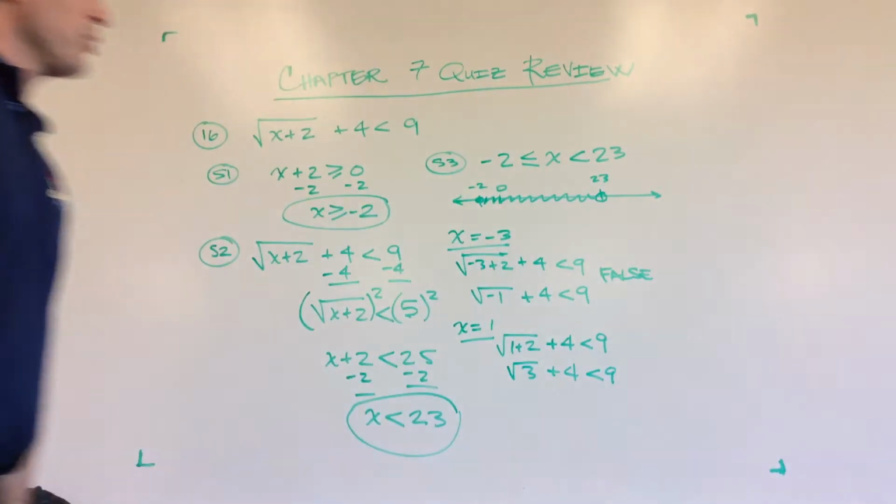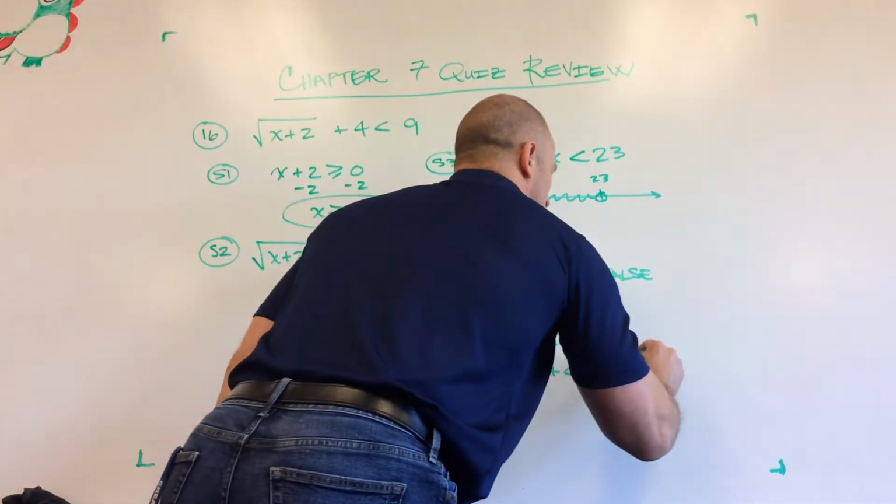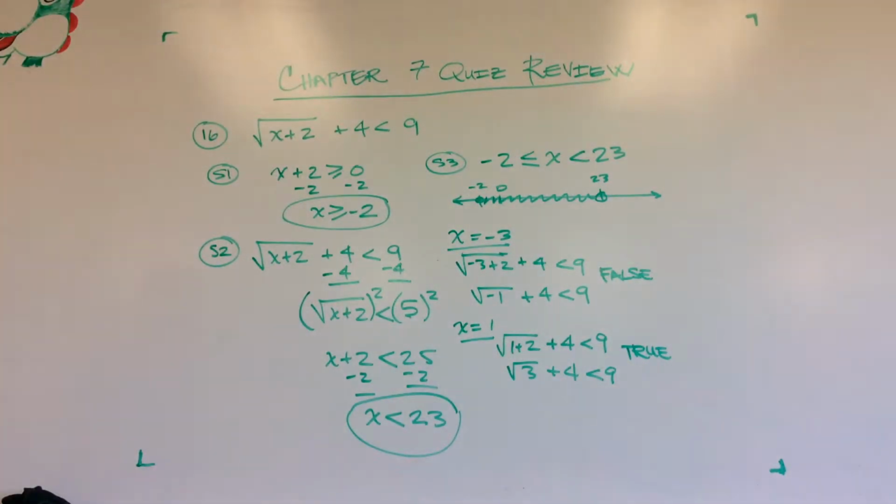Well, we know the square root of 3 is less than 2. You can put it in your calculator and see what value you get, but clearly this is going to be a true statement, precisely the way we expect it to be. So that works out just fine.